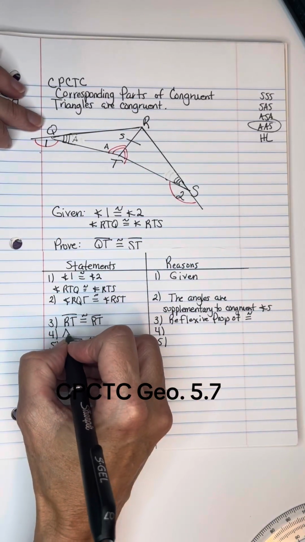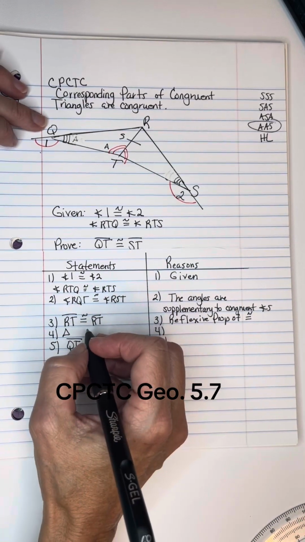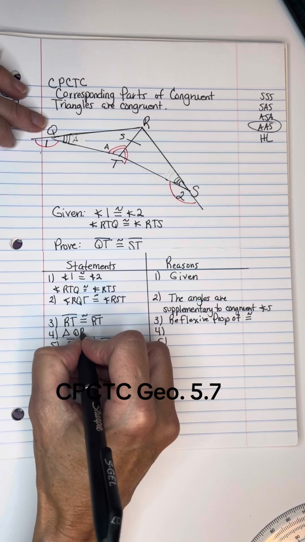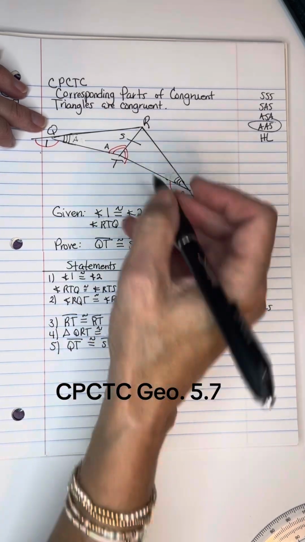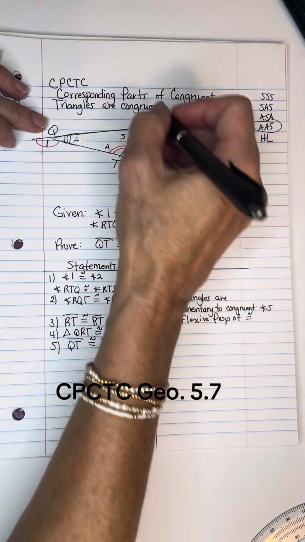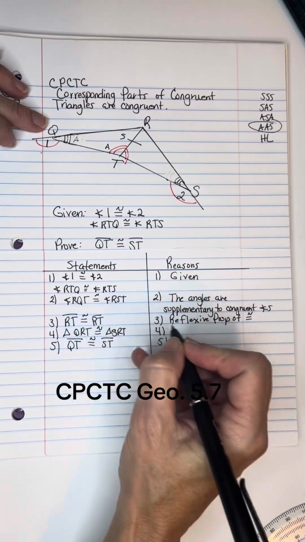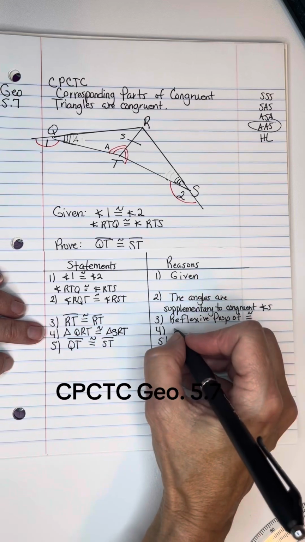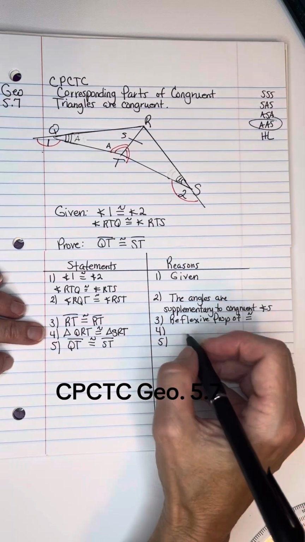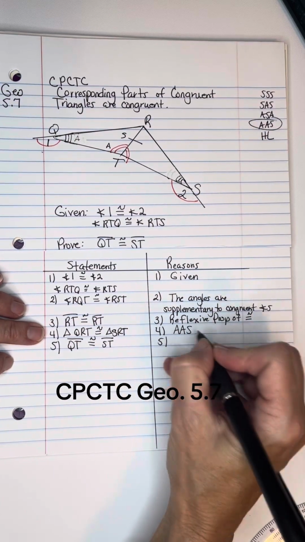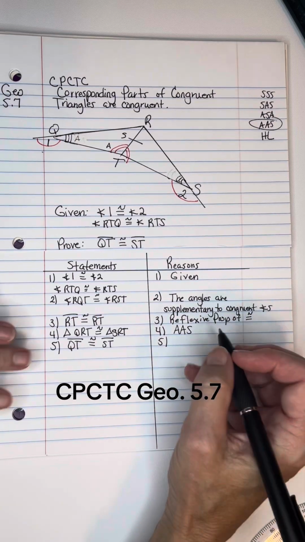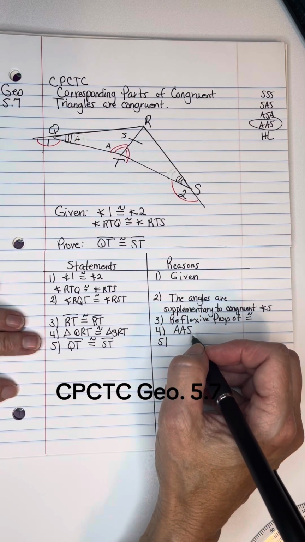We'll say triangle QRT is congruent, so it went this way, to triangle SRT. Have to make them match, remember, and that would be by angle side. The angle side proves those congruent.